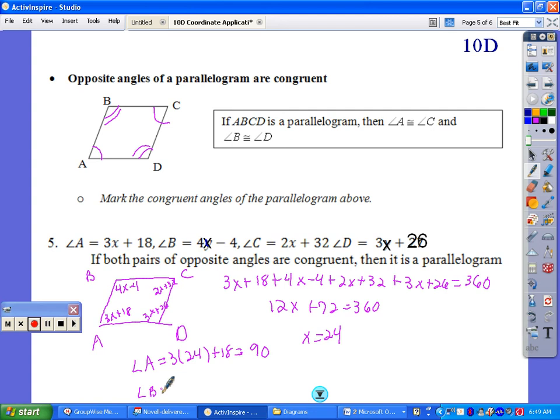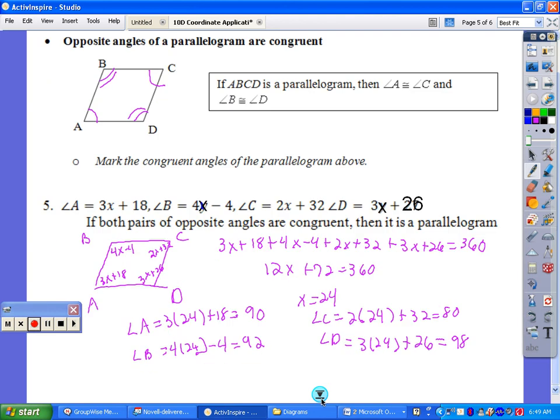Angle B, we plug in 24, and we get 92. Angle C is 2 times 24 plus 32, and that gives us 80. And angle D is 3 times 24 plus 26, and that gives us 98.